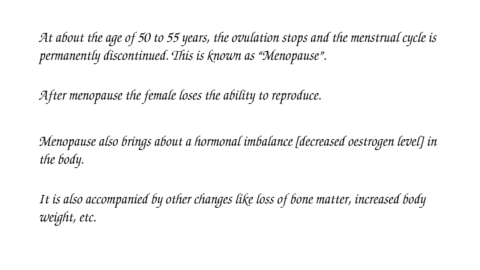After menopause, the female loses the ability to reproduce due to lack of production of ovum. Menopause also brings about a hormonal imbalance, particularly decreased estrogen level in the body. Menopause is also accompanied by other changes like loss of bone matter, increased body weight, etc.